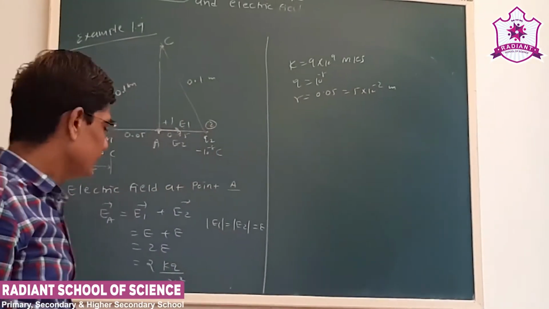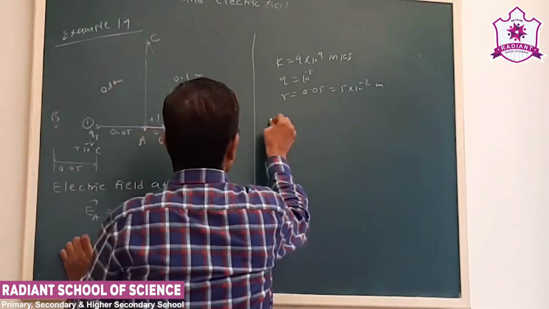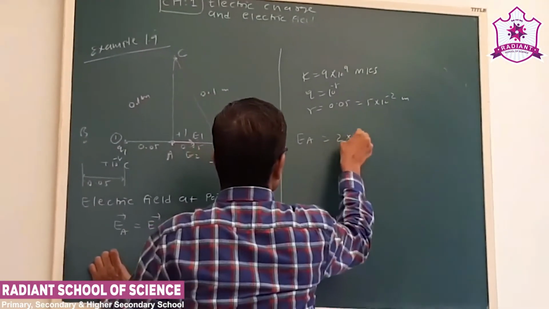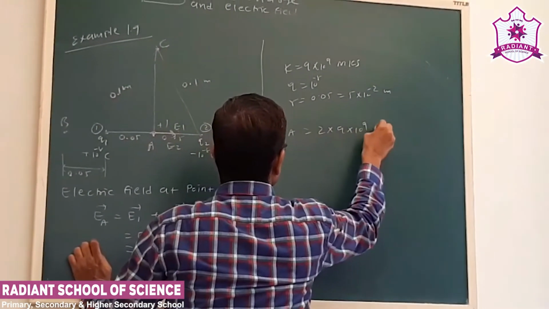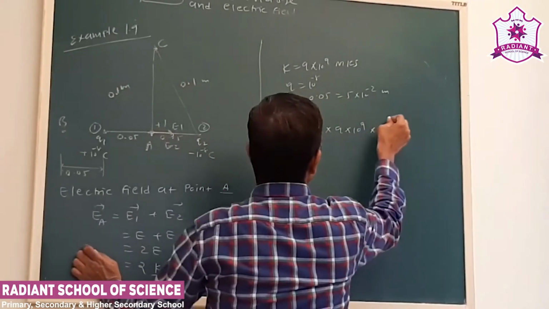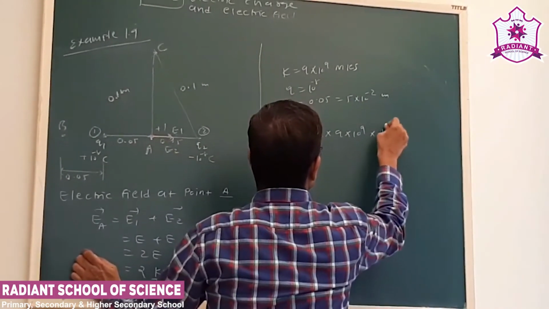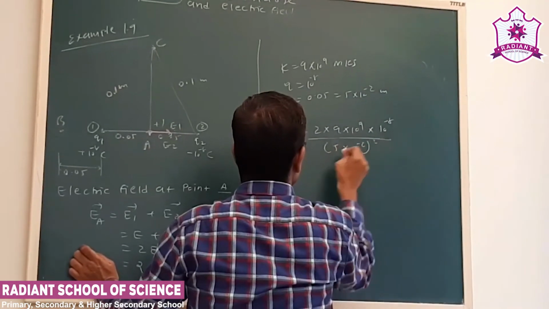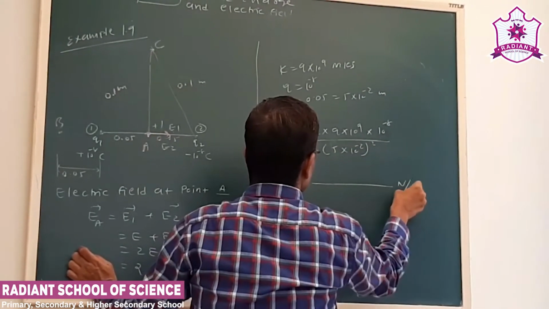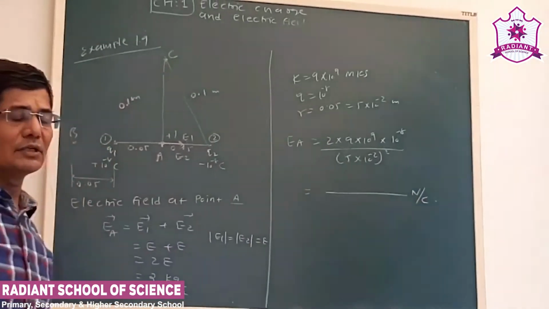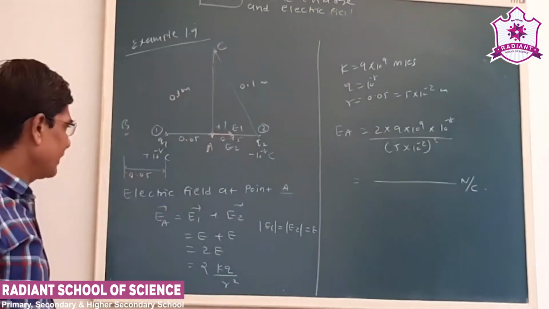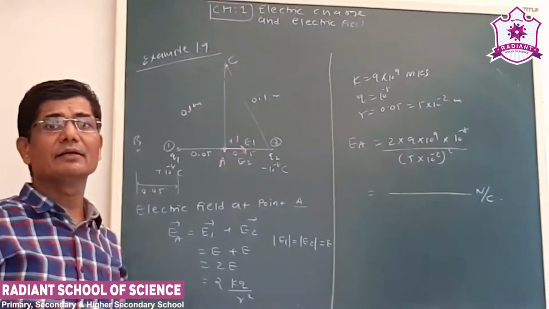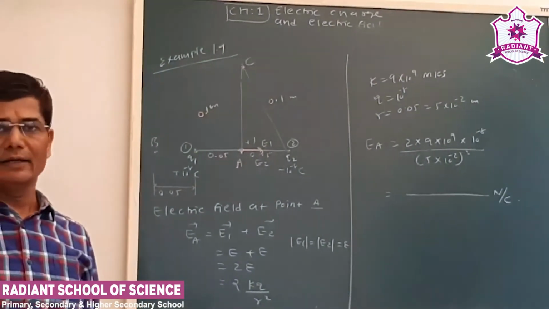When we substitute this, the electric field at A is 2 into 10 to the 9 into Q. This is how we can obtain the electric field at point A.